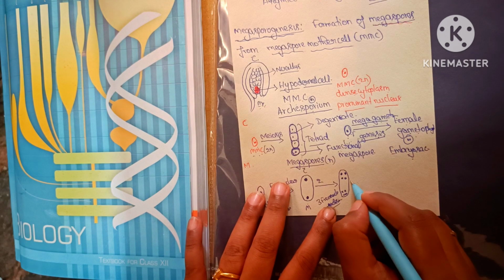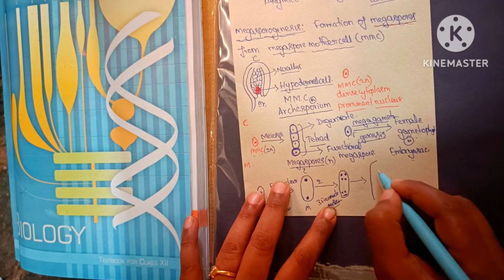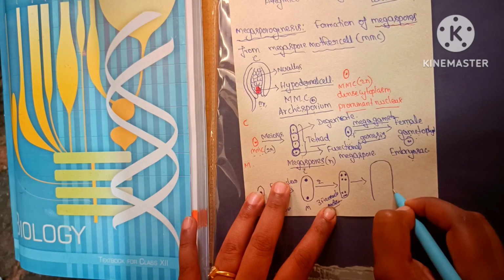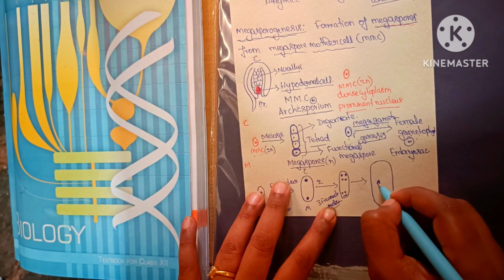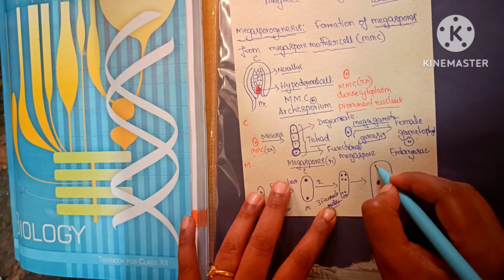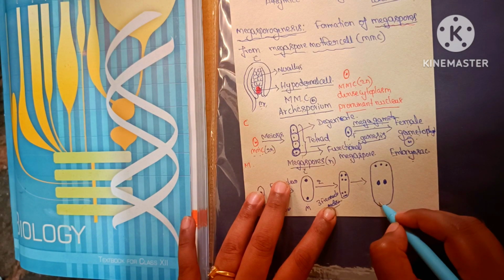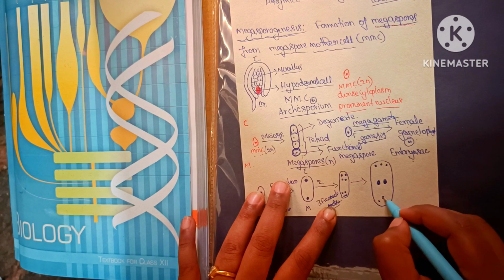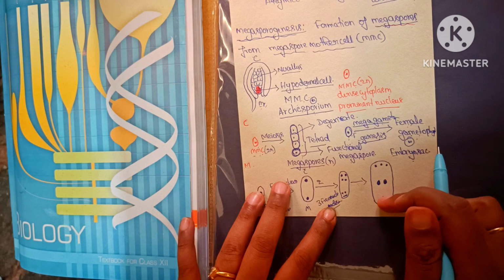Now, one nucleus from each pole will move towards the center, and 3 nuclei will remain at chalaza, 3 will remain at micropyle. Later, there is formation of cell wall surrounding the 6 cells.